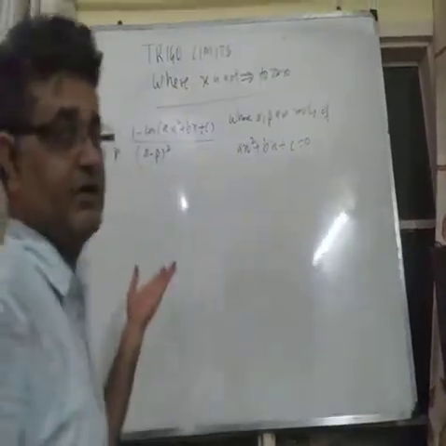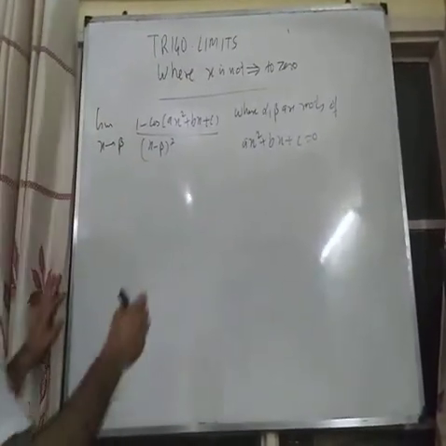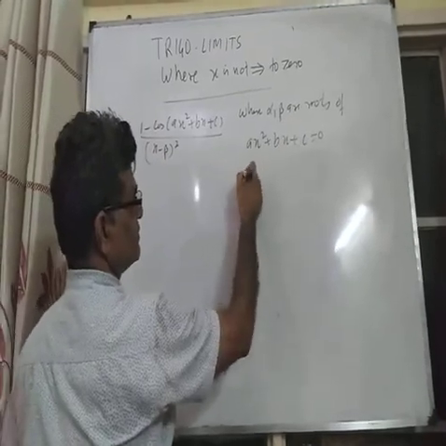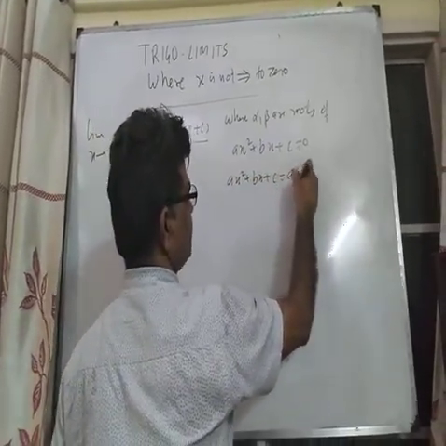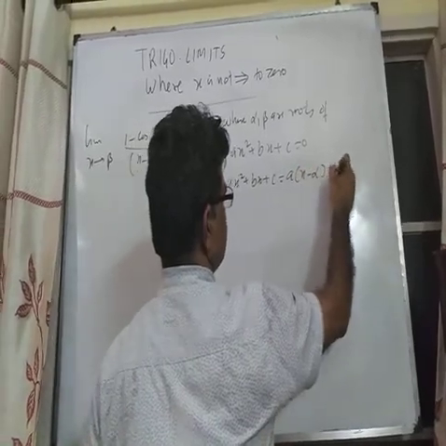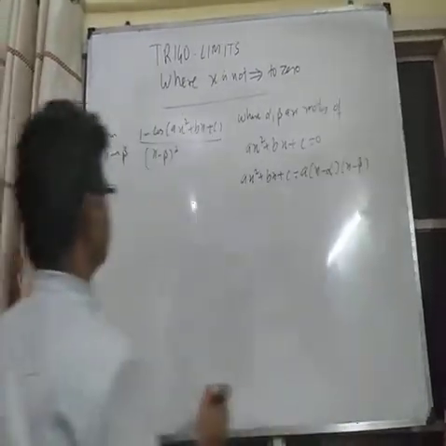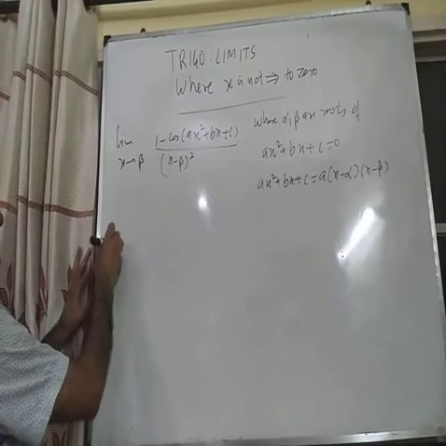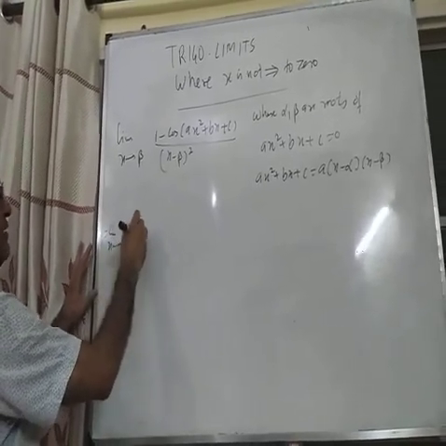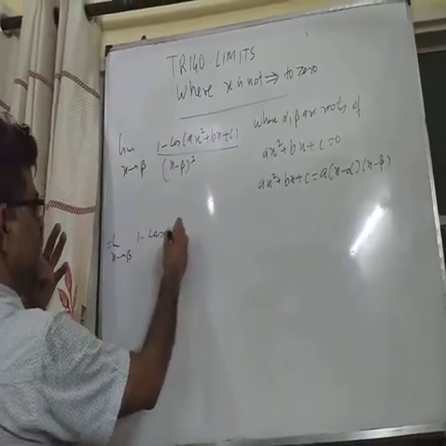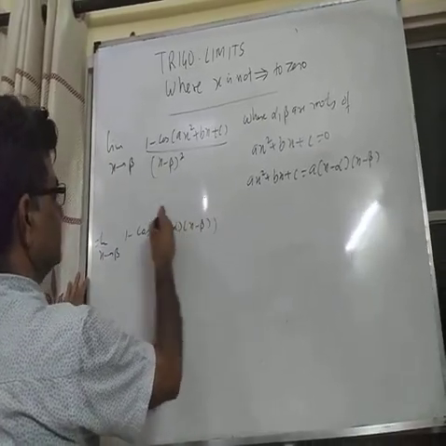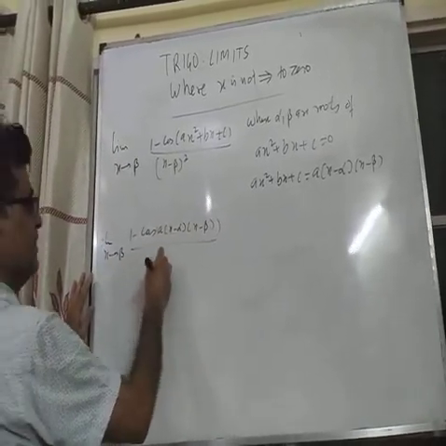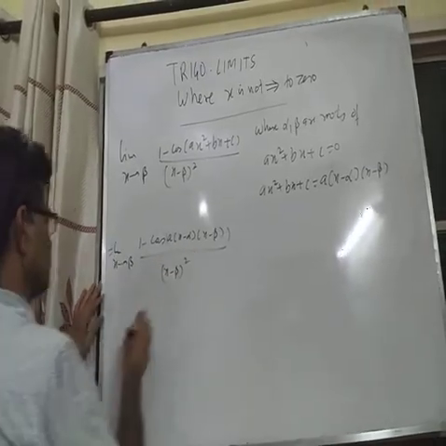So now you can see how we are going to solve this question. You know, when alpha, beta are the roots of this equation, then ax square plus bx plus c can be written as a times x minus alpha, x minus beta. So we are putting it here: limit x tends to beta, 1 minus cos of a times x minus alpha, x minus beta upon x minus beta whole square.